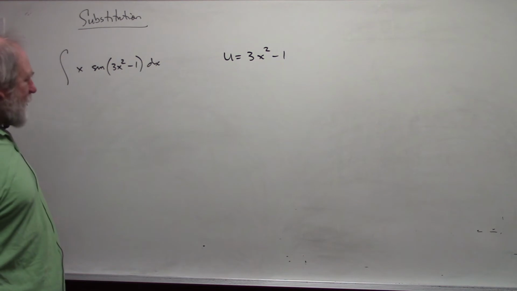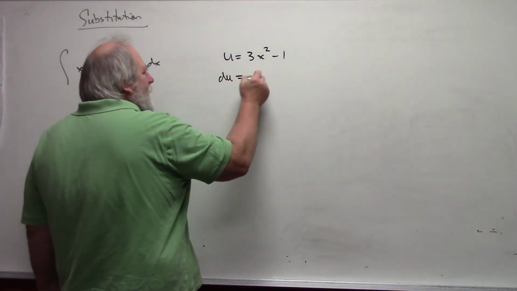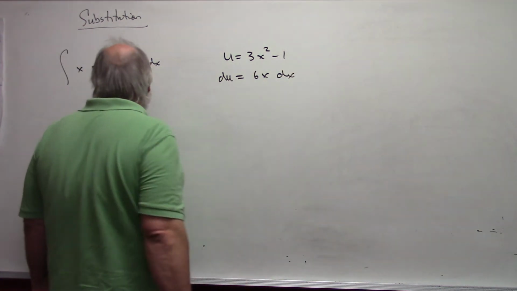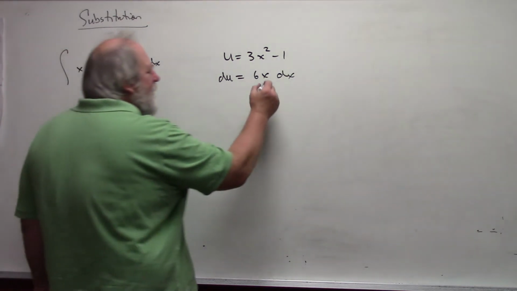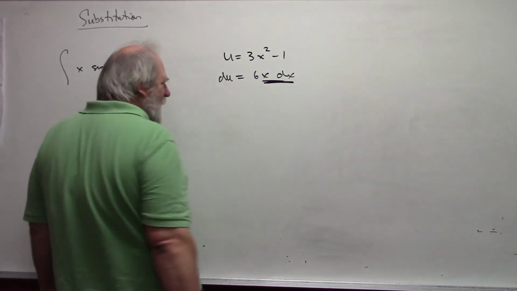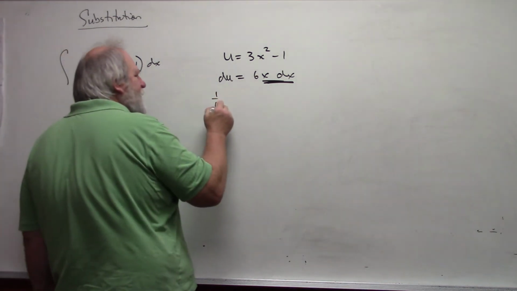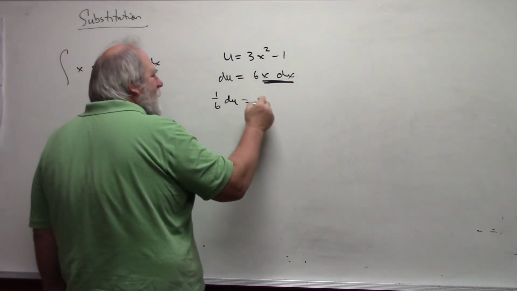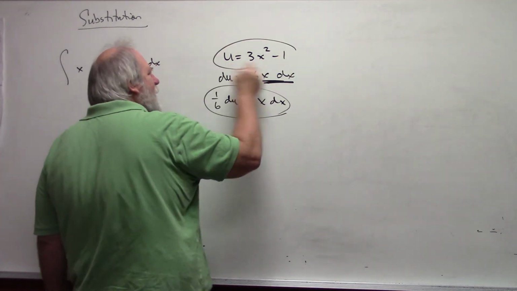So in this situation, the derivative in differential form is 6x dx. Notice I don't have exactly 6x, but the important part is the variable part has to match. The x dx is in the problem. I can get rid of the 6 by multiplying by 1/6 to both sides. A number is not a problem, but the variable part has to match.